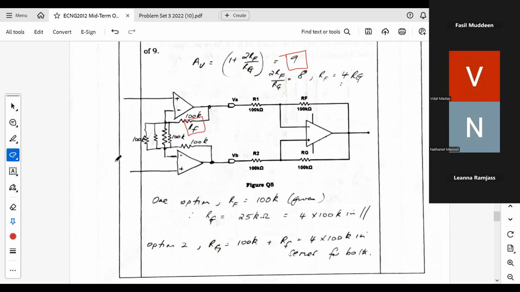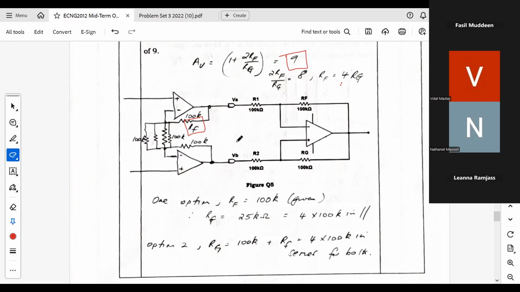If the gain was 4 and you only have 100K resistors, then if RF was 100K, you had to have 25K here, which means at least 400Ks in parallel. Or as some people did, they put 100K here and 400Ks in series. So there were at least two simple variations of that.